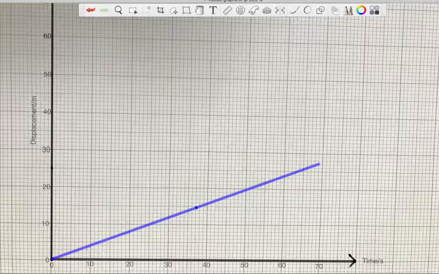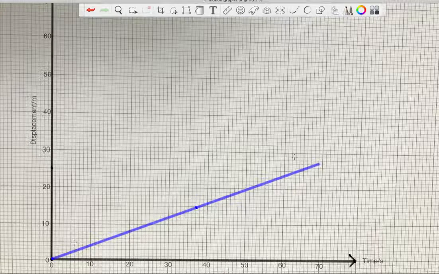So that's 4 meters in the first 10 seconds and 4 meters in the second 10 seconds. And here we're at 12 meters. So there's 4 meters in the third 10 seconds. So every 10 seconds it's travelling 4 meters, or is travelling a tenth of that in 1 second, 0.4 meters every second, 0.4 meters per second.